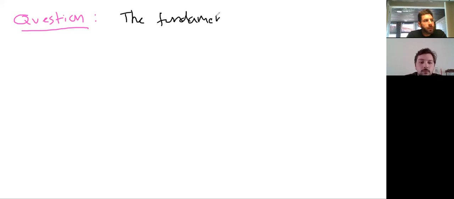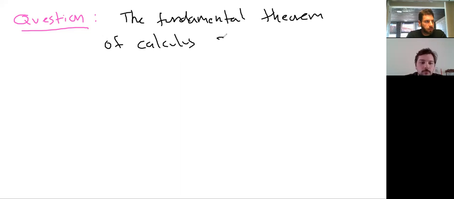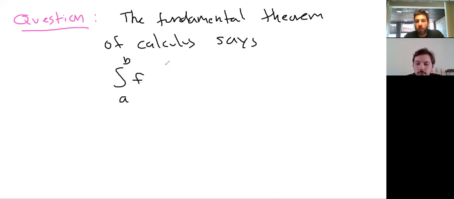So here's a question you might have. And if you don't have it, maybe by me writing it down, you'll say, oh, this is a good question. So the fundamental theorem of calculus says the following. It says this traditional integral, and I'm going to write this a little differently than we wrote it in Calc 1 or Calc 2. Remember, how did you evaluate integrals?